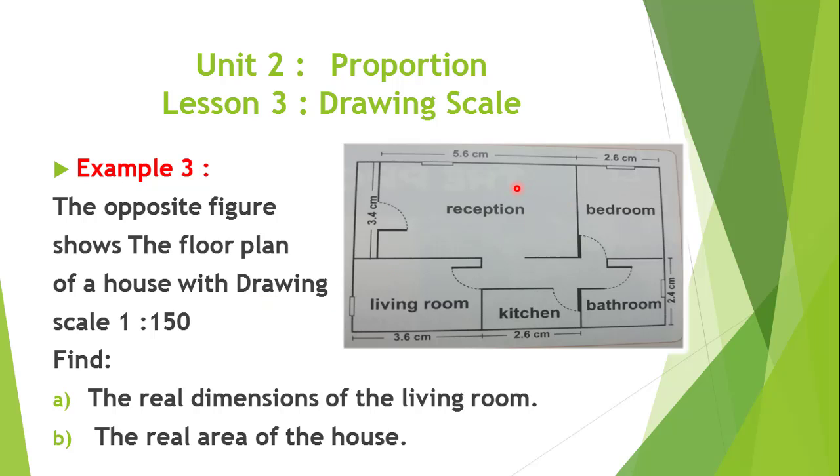As you can see on this picture, we have length and width for all rooms in this flat or in this floor. The required is to find, number 1, the real dimensions of the living room. Where is the living room? Yes, here. And the real area of the house.